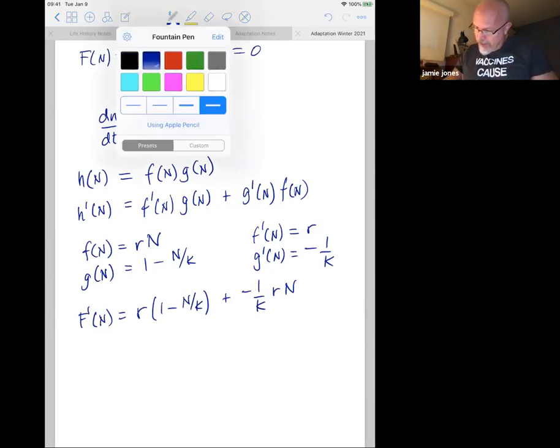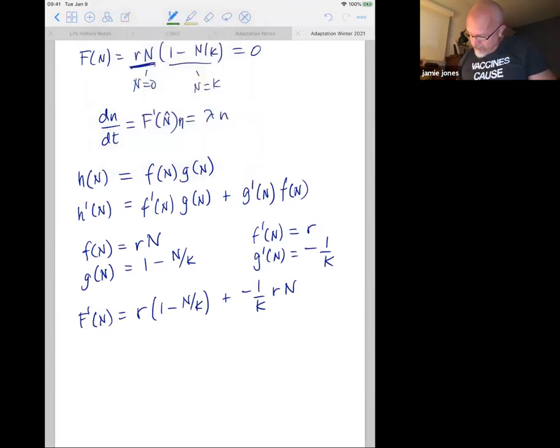So let's look at our two equilibria. So for n hat equals 0, we just substitute n hat in for wherever there's n in our equation.